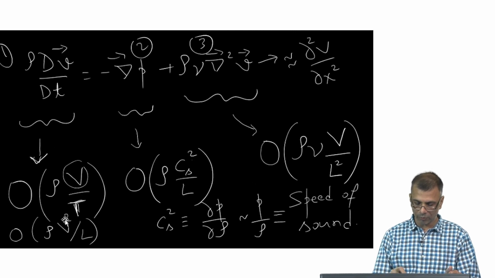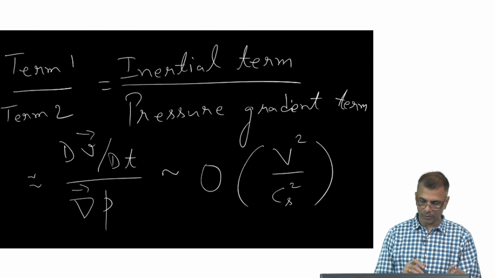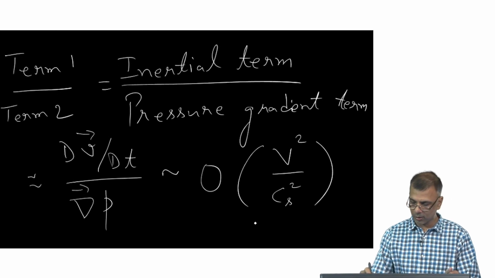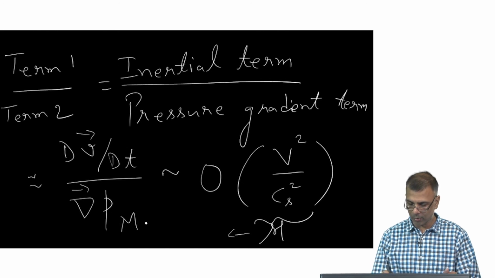So all you are left with is V squared over Cs squared. This very important quantity is often denoted by the letter M, and this is something that is called the Mach number.